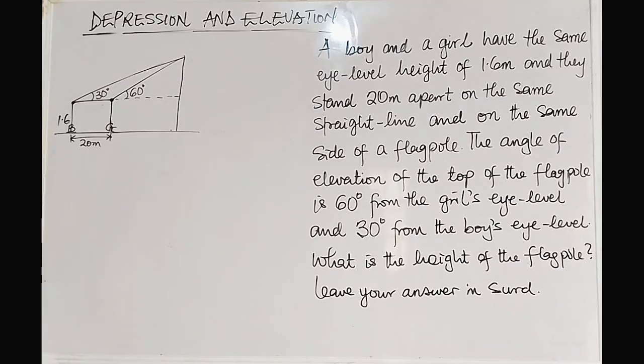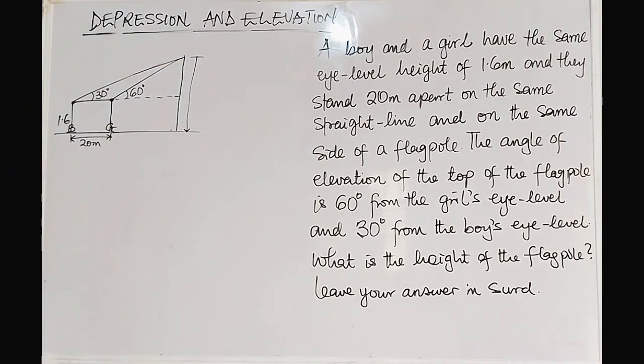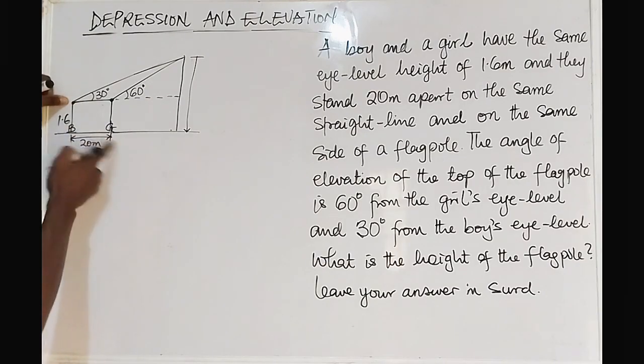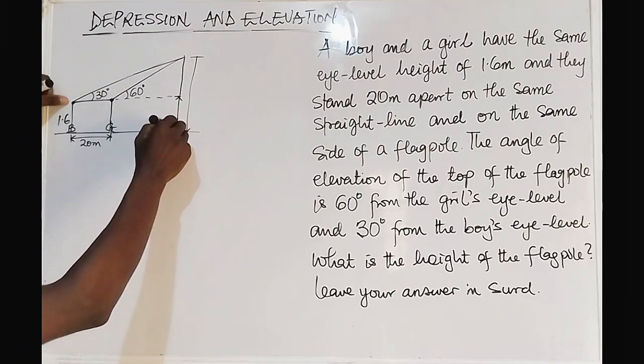Now I guess this is the pictorial representation of this whole question, and we are told to find the height of the pole. This is the height, from here down here is the height of the pole. However, we have 1.6 here, which is the height of the boy and the girl, and corresponds to a part of the whole pole.